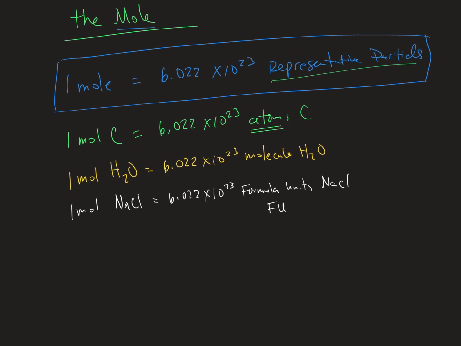And then let's do one more. 1 mole of oxygen ions. What's the smallest particle of an oxygen ion that still tells us it's an oxygen ion? It's still an ion. So 6.022 times 10 to the 23 ions.